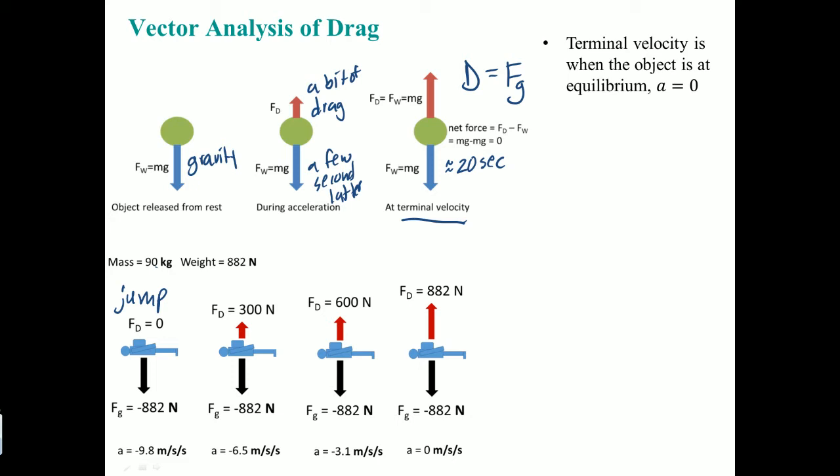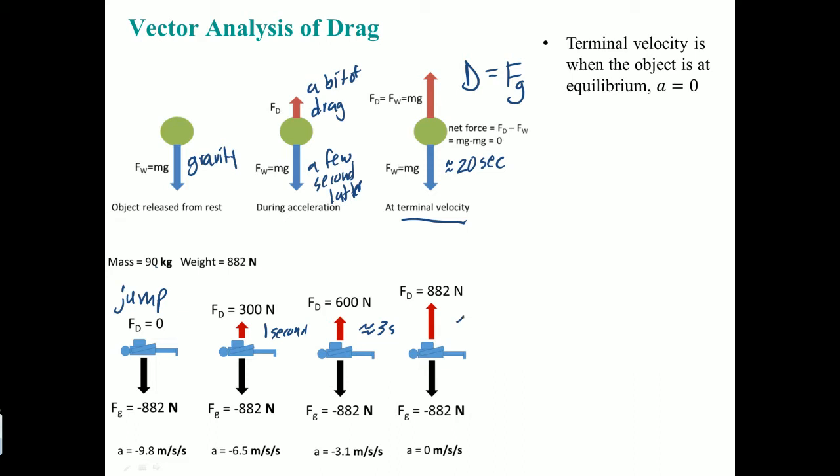Now there's a bit of drag, so let's say this is 1 second later. The drag force is 300 newtons. Ignore how we got the calculation. So the acceleration starts to decrease. Then a couple of seconds later, let's say roughly 3 seconds, the drag is 600 newtons, so the acceleration decreases.